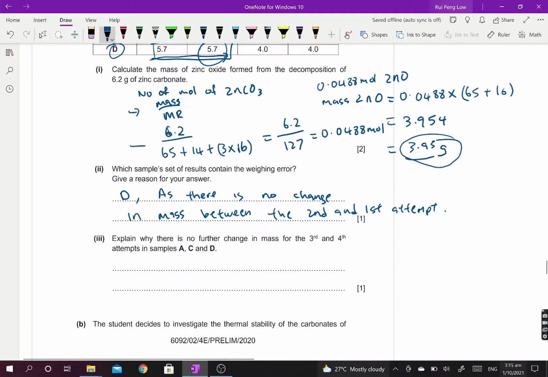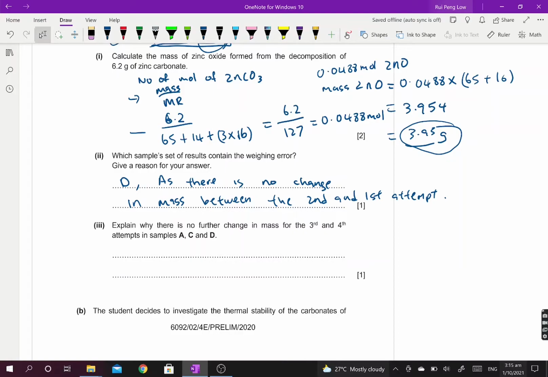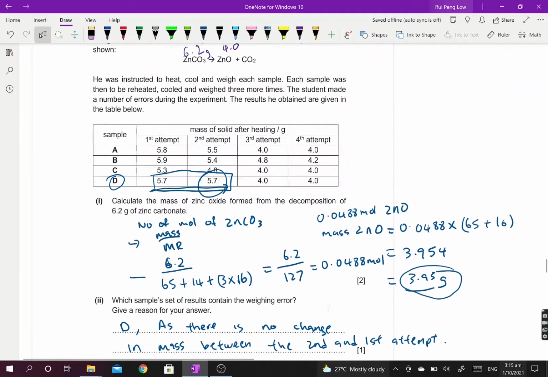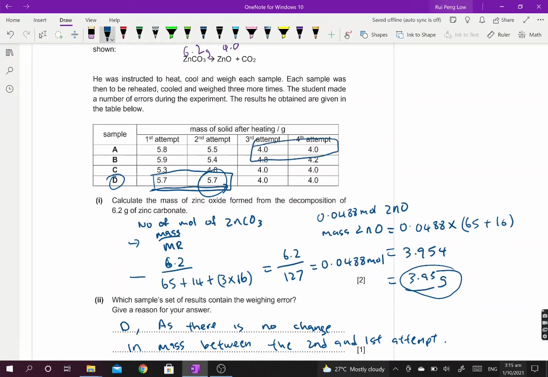Okay. Explain why there is no further change in mass for third and fourth attempt in sample A, C, and D. So why is that so? Okay. Why is that so?